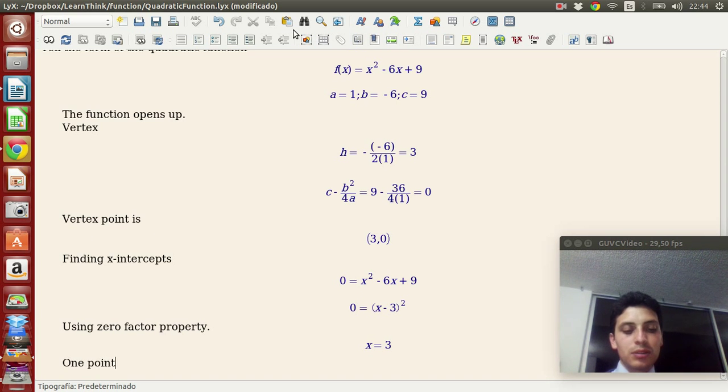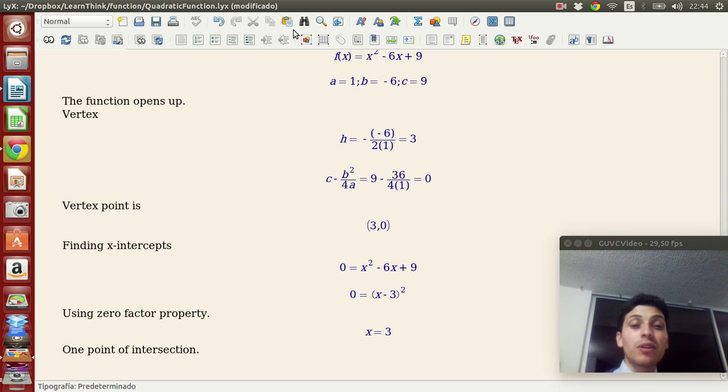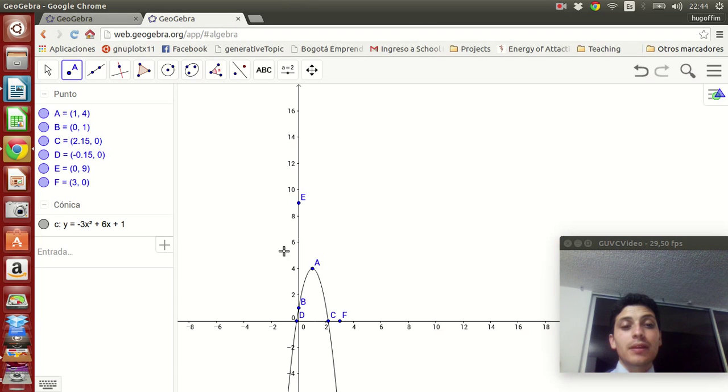1 point of intersection. So we just have 1 point of intersection, and the symmetry axis is here. So how could you draw the quadratic function?